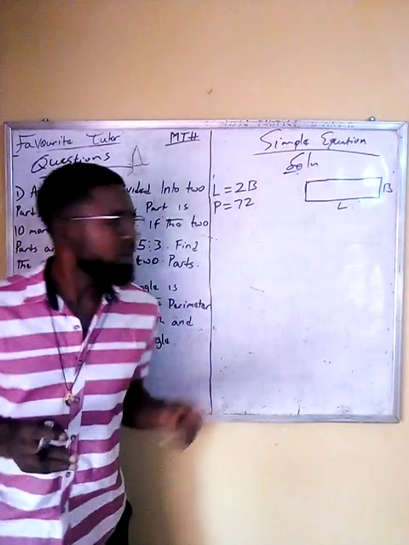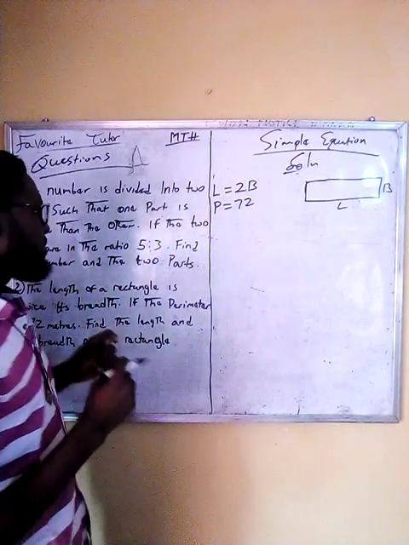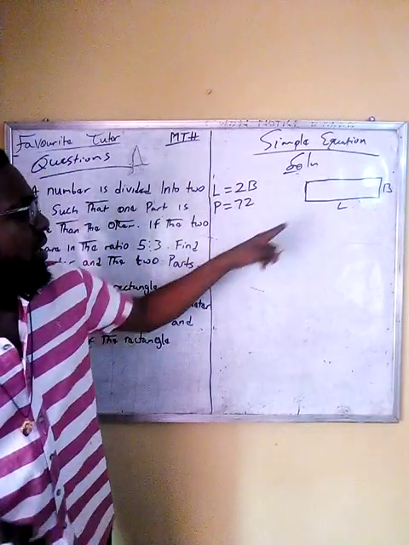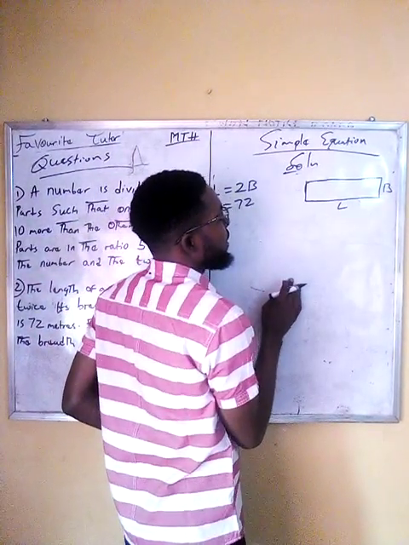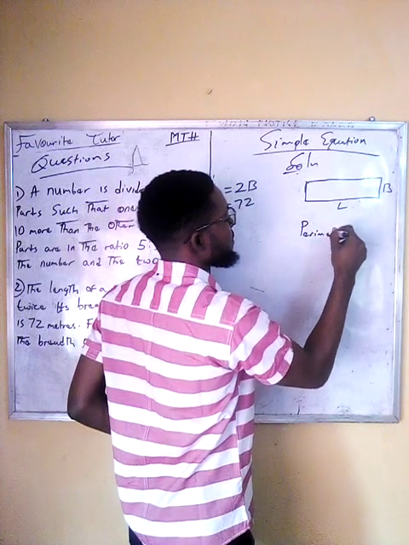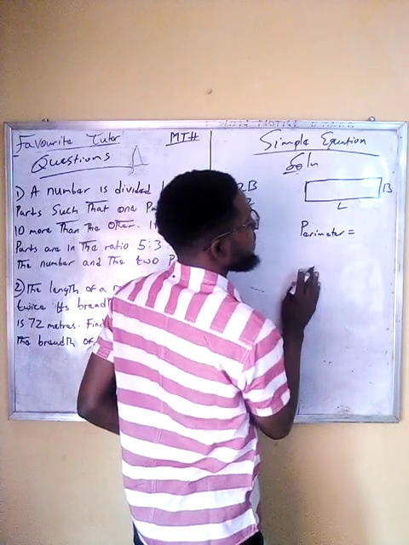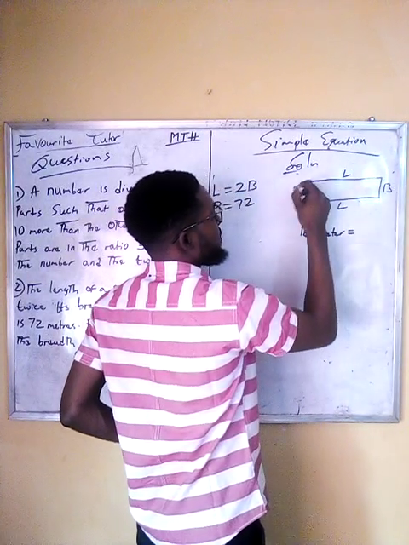But before we go further, we were given the perimeter. What is the perimeter of a rectangle? Now if here is length, here will be length. If here is breadth, here will be breadth.